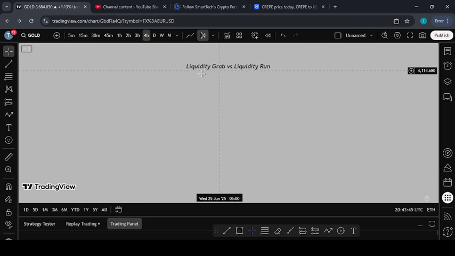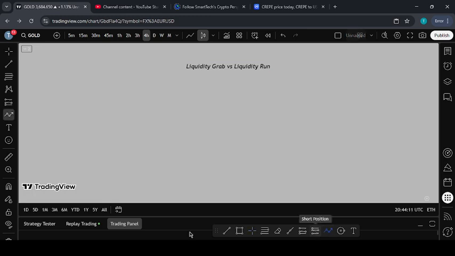That's why a liquidity grab is for reversal moves, while a liquidity run is when price sweeps a certain form of liquidity and continues moving in that direction. The grab tends to be like a fake out. Price will rapidly or impulsively go to a target region, take out the liquidity, and reverse to the opposite direction.